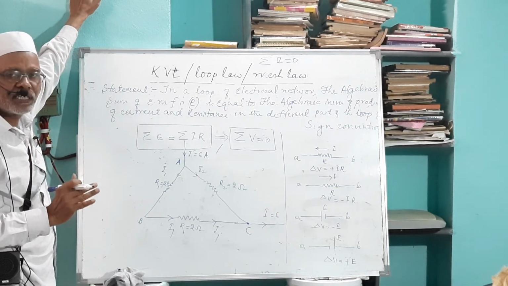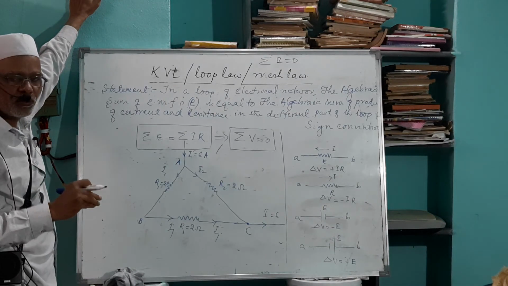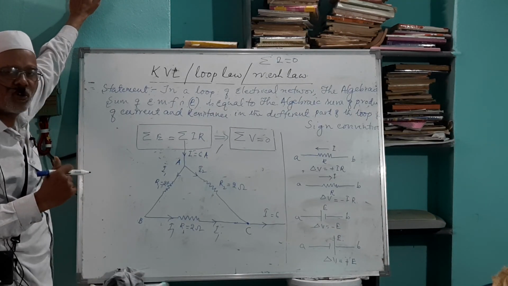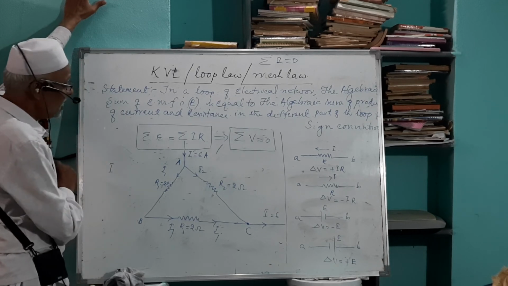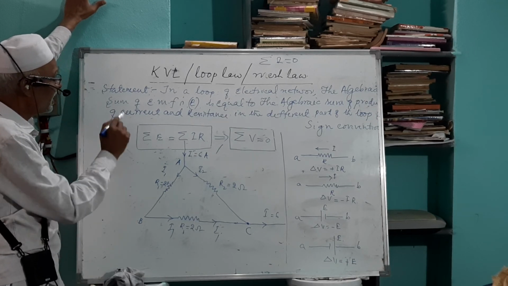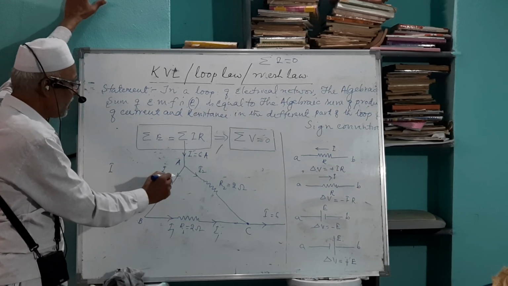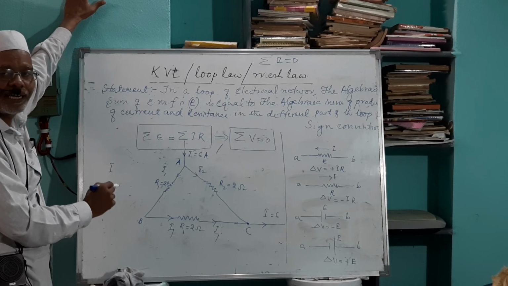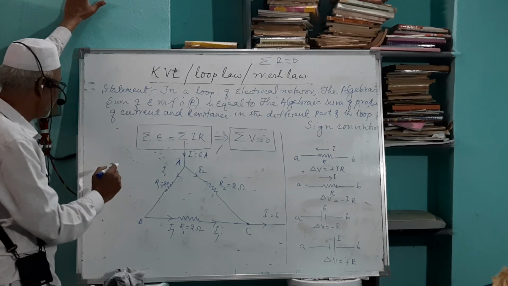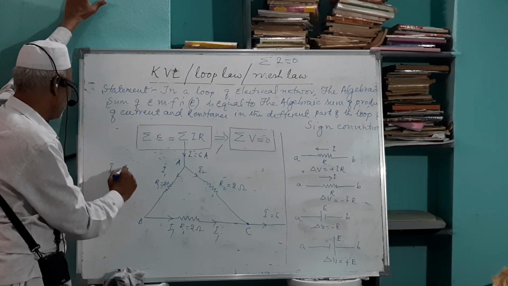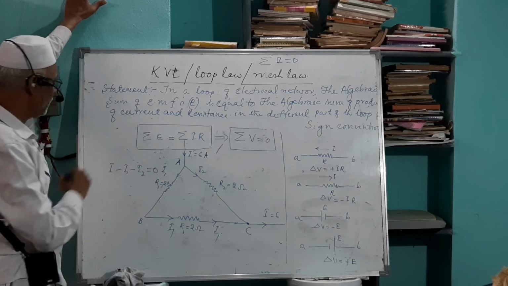According to the sign convention, current coming toward the junction is taken to be positive, whereas current leaving the junction is taken to be negative. So the main current I is positive because current is coming toward the junction, whereas I1 and I2, as the arrowheads show, are leaving the junction. That is I minus I1 minus I2 equals 0.